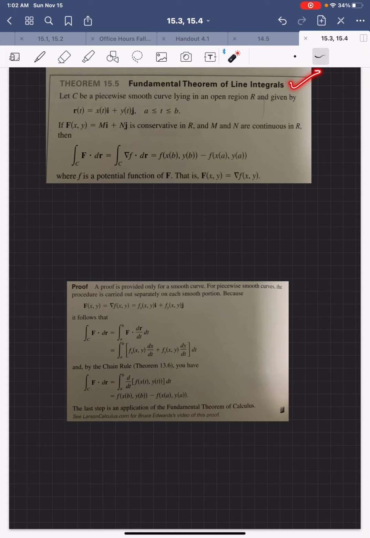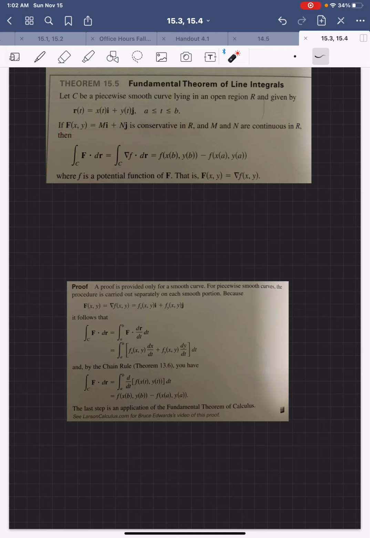Basically, we have to assume that your curve is some piecewise smooth curve lying on an open region, and that your vector field is a conservative vector field.